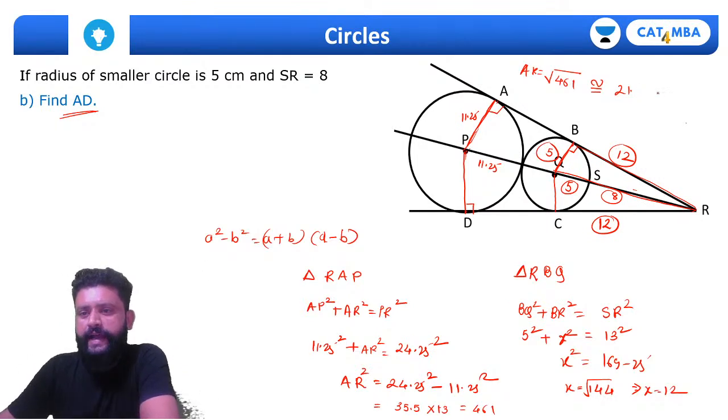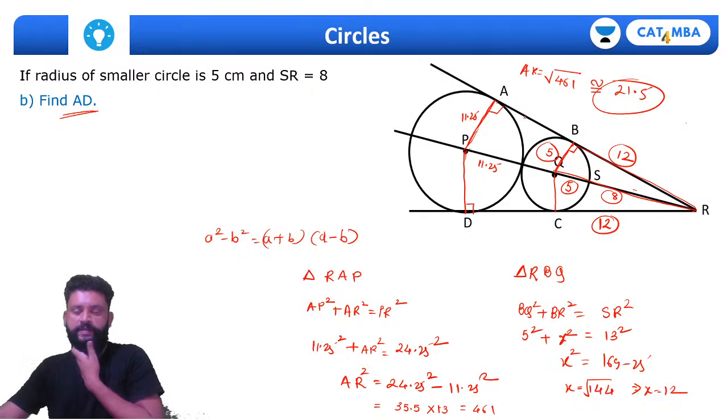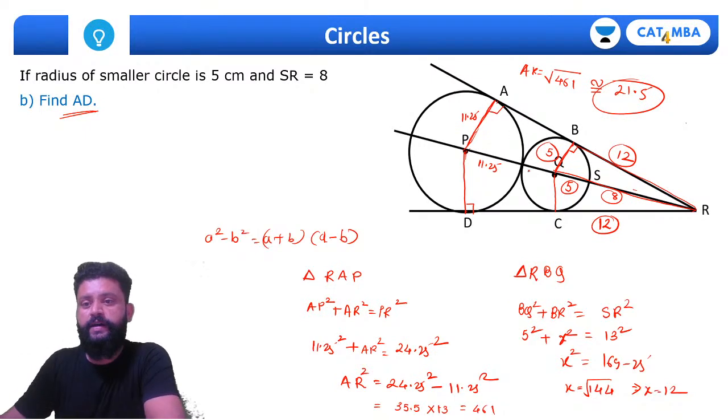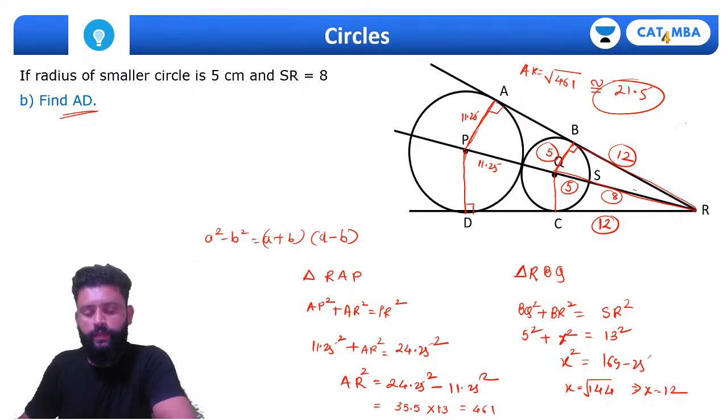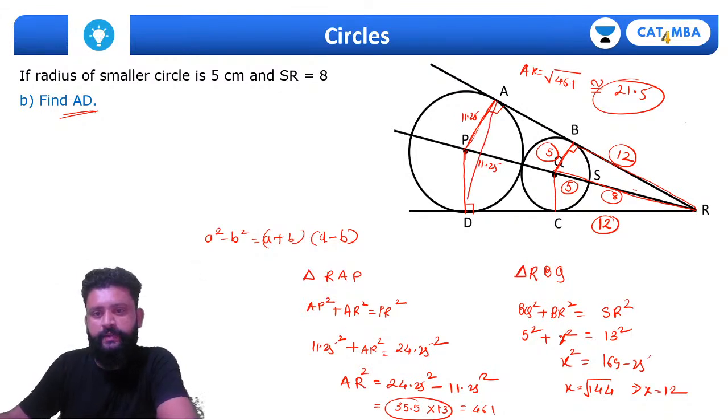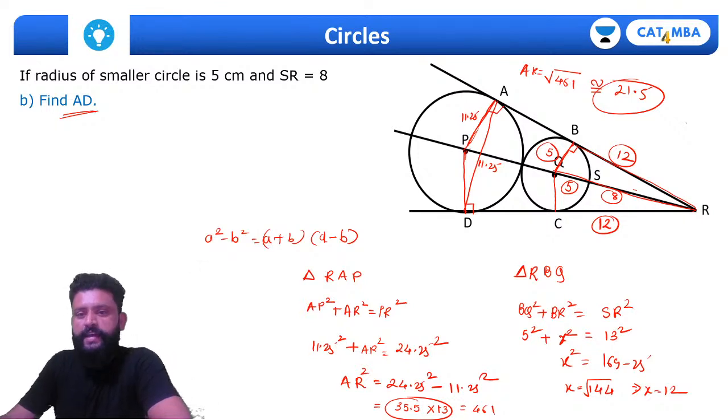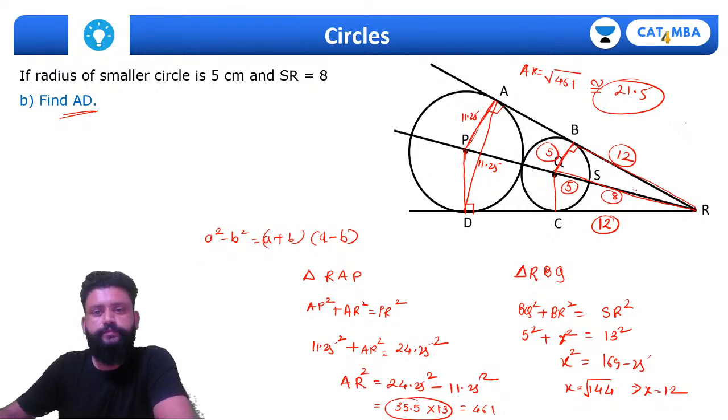Okay, so this will actually be close to 21.5. But we still haven't got our AB. So if we want the length of AD, what is the area of this triangle?